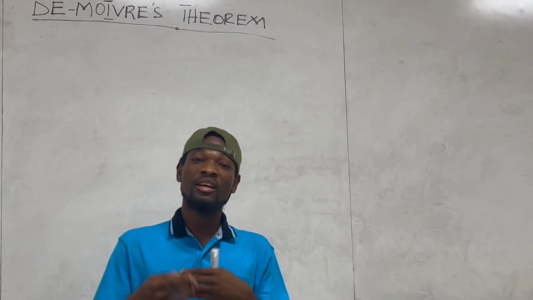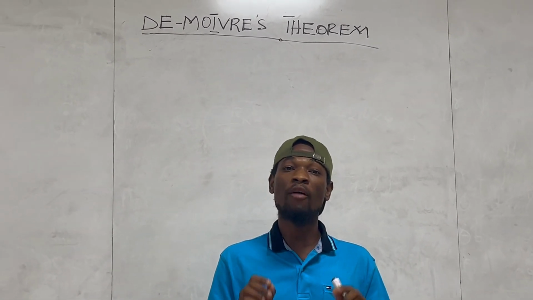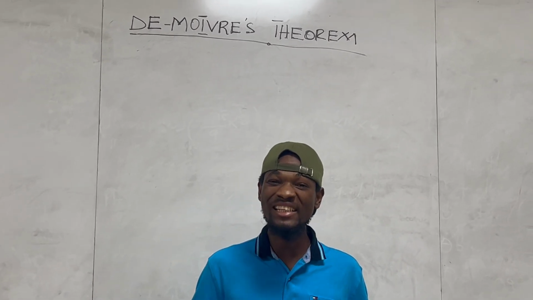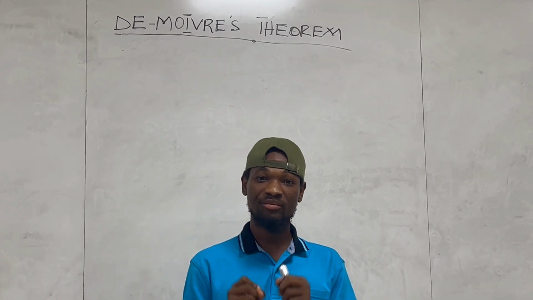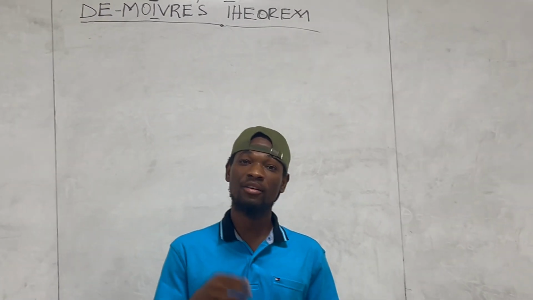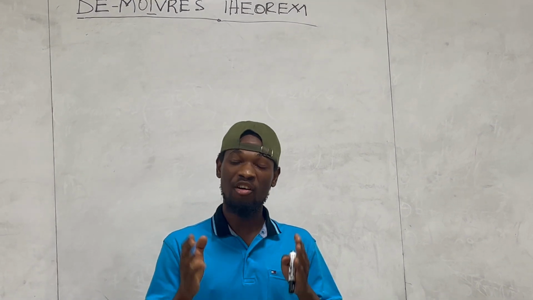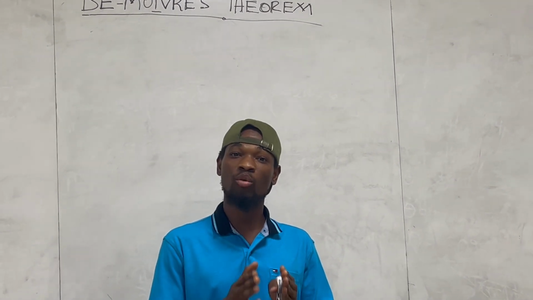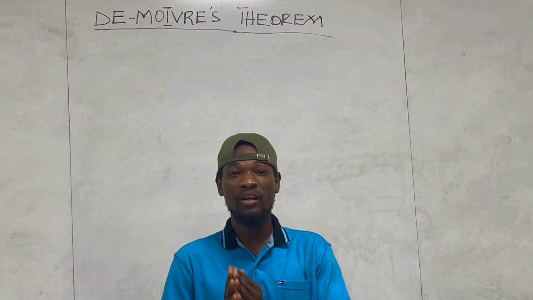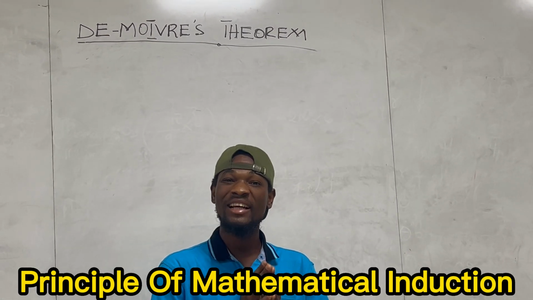So when you have large exponents or powers, de Moivre's theorem will have to be employed in order to simplify or ease calculation. Also, de Moivre's theorem is used to simplify trigonometric identities or questions under trigonometric functions. It also plays a significant role elsewhere.